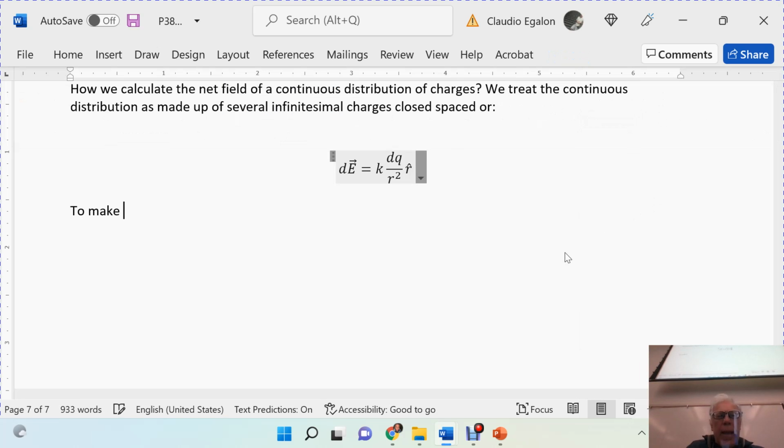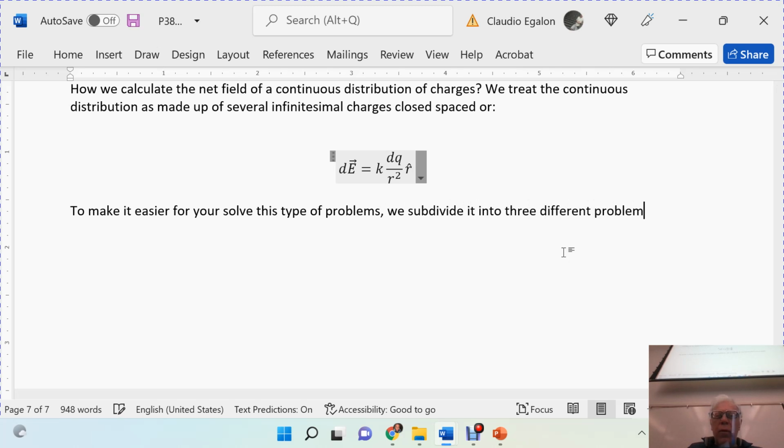To make it easier to solve this type of problem, we divide it into 3 different problems of increasing difficulty. We start with the easiest one.